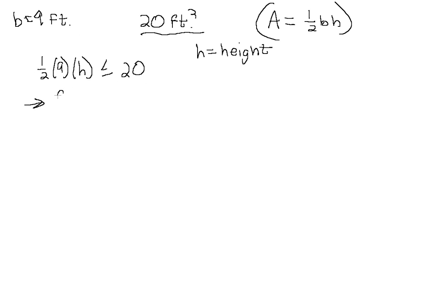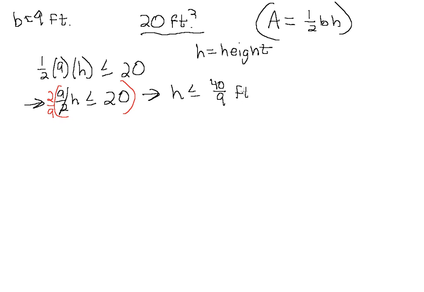9 times 1/2 is 9/2 times h is less than or equal to 20. We can go ahead and solve for h by multiplying the entire inequality by the reciprocal of 9/2, which is 2/9. This term cancels, leaving us with h is less than or equal to 2/9 times 20, which is 40/9.